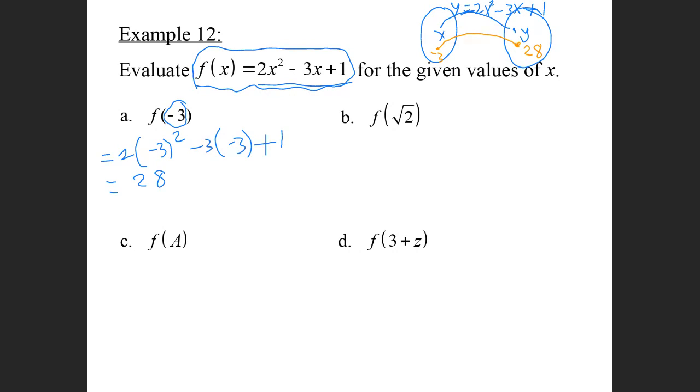Okay, now what is the image of radical 2? So replace each x with radical 2. So 2 radical 2 squared minus 3 times radical 2 plus 1. Radical 2 squared is 2. 2 times 2, 4.